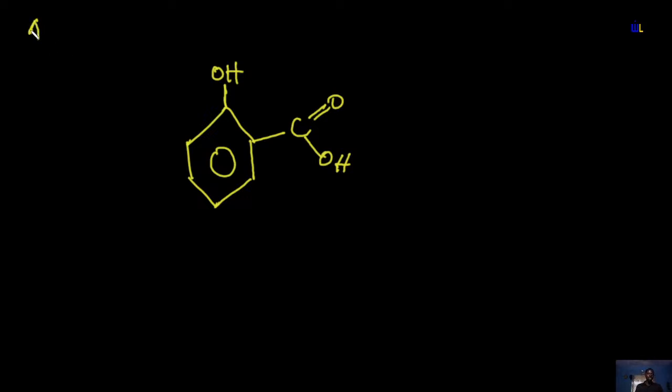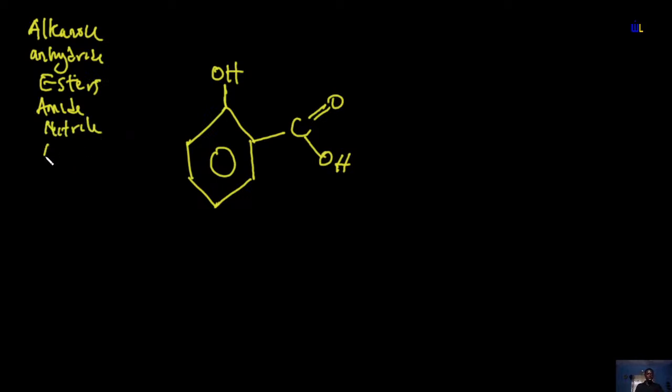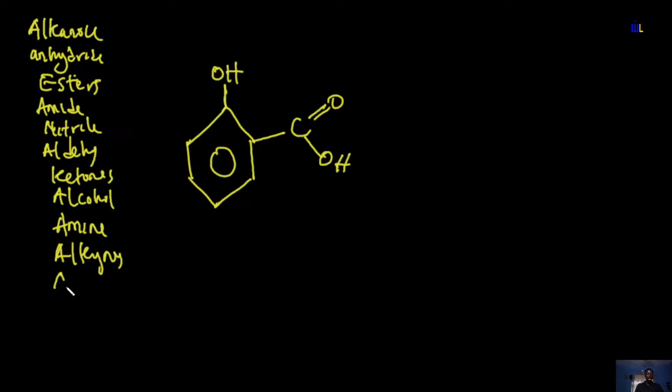After your alkanoic acid, you can consider your acid anhydrides, then you consider your esters before we talk about our amide group, then the nitrile, and after the nitrile we went into the aldehydes, the ketones, then we talked about alcohol before amine, and then I think we went into alkynes, alkenes, then the halides, and then you have alkane.